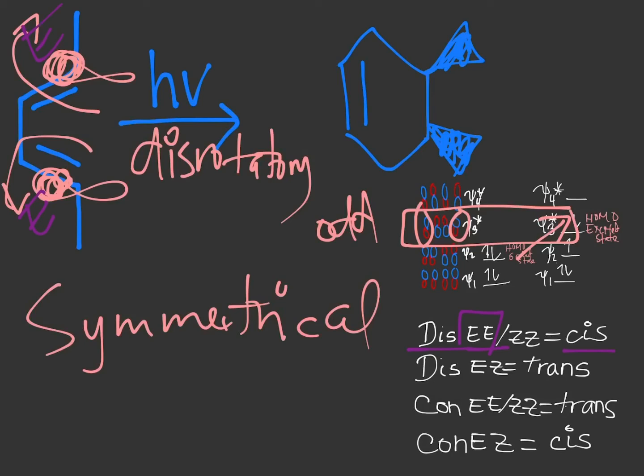And just to review, because it has a plane of symmetry, it doesn't have an enantiomer. It is equal from either side.